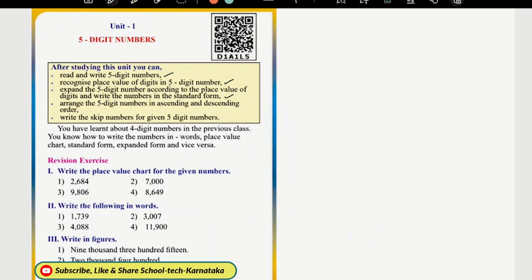We'll also be learning how to arrange the 5-digit numbers in ascending and descending order, and how to write the skip numbers for given 5-digit numbers.